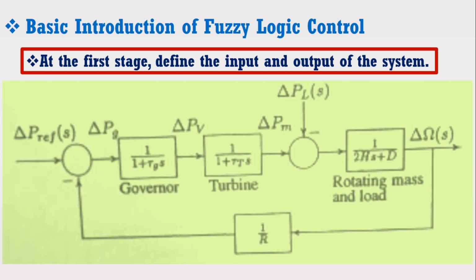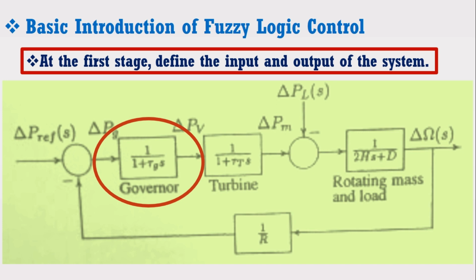Let's consider an example of load frequency control of a power system. Consider the figure which shows the transfer function model of the power system. We know that commonly a governor is used to control the speed of the turbine in order to keep the frequency of the system constant.